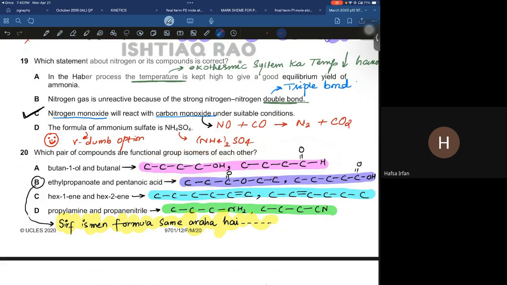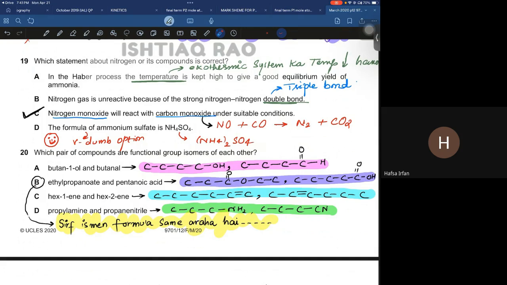If you count the number of carbons and hydrogens and the molecular formula is the same, then you can say they are isomers of each other. But if the molecular formula is not the same, you cannot say that these are functional group isomers of each other.